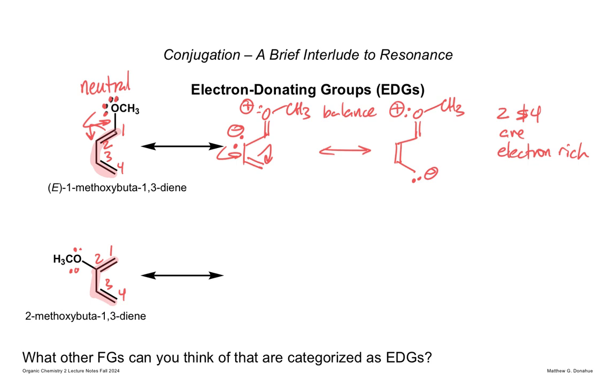That pi bond between 3 and 4 is no longer involved in this resonance system. So carbon 1 is electron rich.